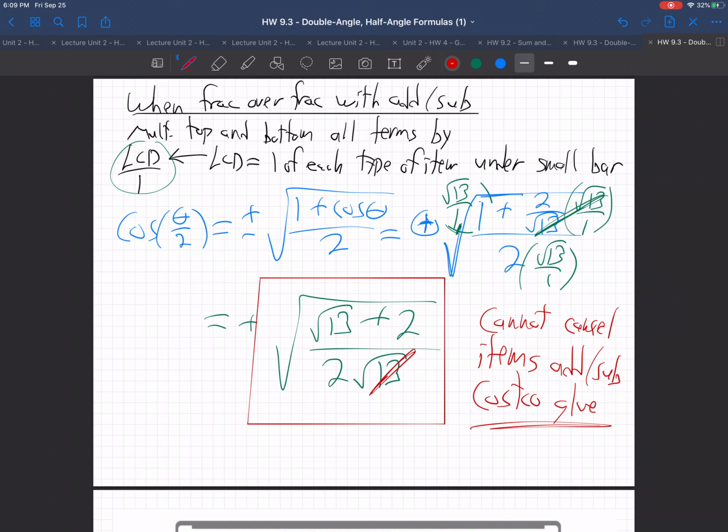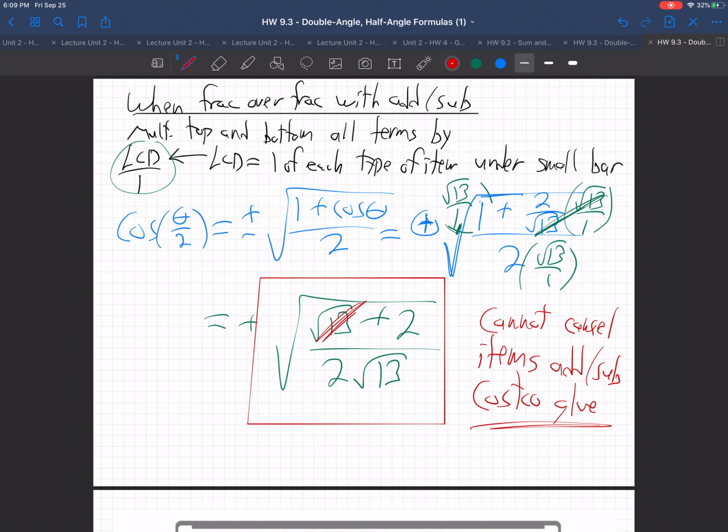The root 13 on the bottom doesn't have a problem, he's just times, he's ready to cancel. But the one on the top is like, no way, I'm glued to that 2. If you cancel the 13, you've got to cancel the 2. They go together like shopping at Costco. Everything's a package deal. You buy both the milks that are glued together or none. You can't say, I just want this one, thank you.